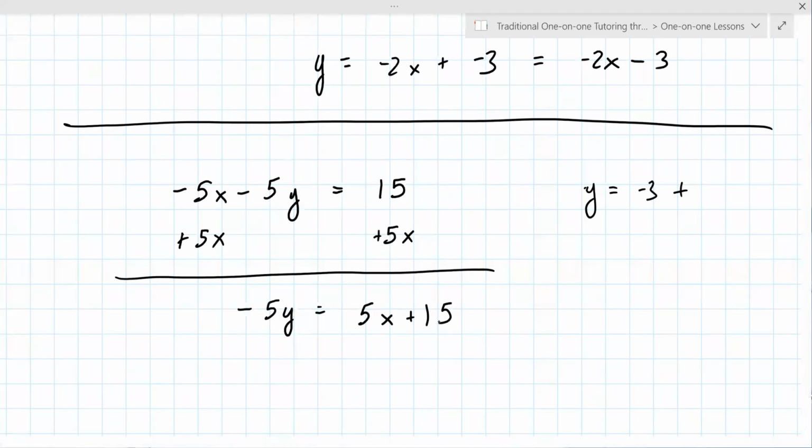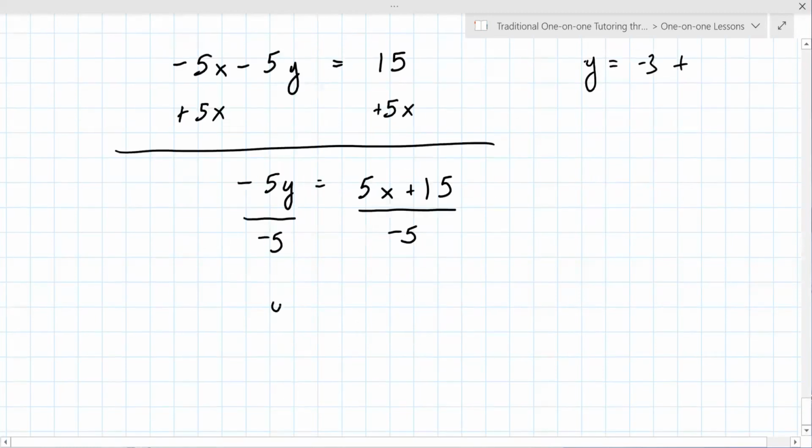Is it just 1? Well, we're gonna divide both sides by -5. So you're dividing each term by -5. So is it -1 plus negative?